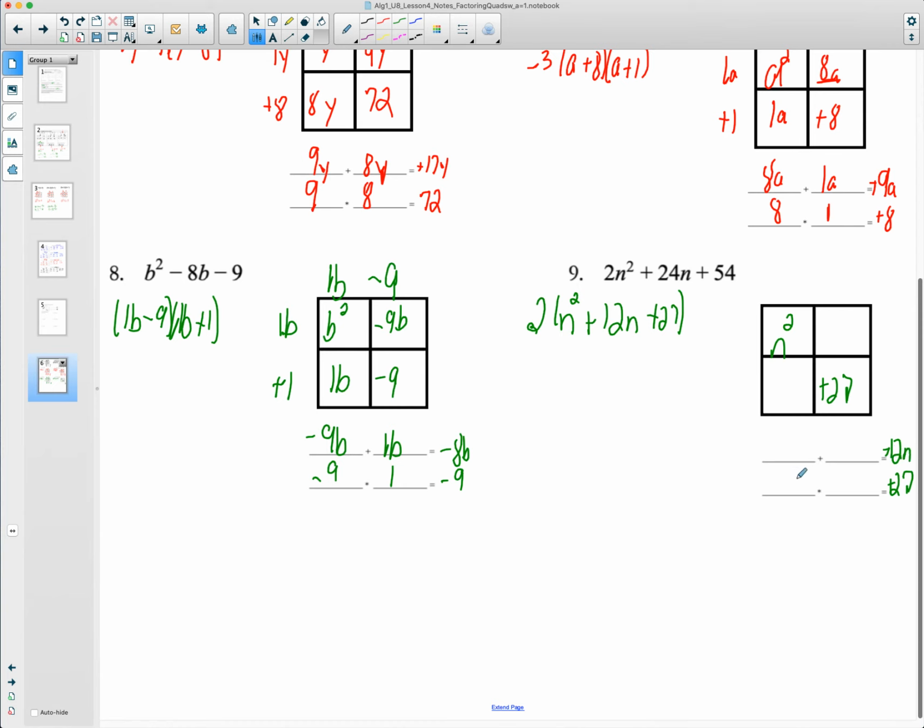Now the combination would be 9 times 3 is a positive 27, and 9n plus 3n is a positive 12n. So I'm just going to drop those guys in up here. So plus 9n and plus 3n here.